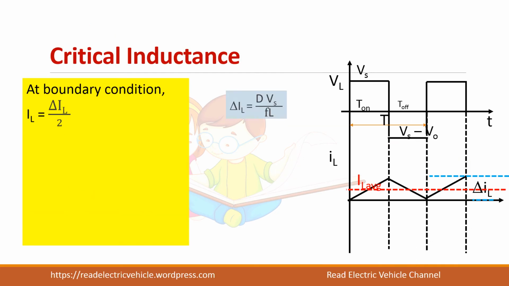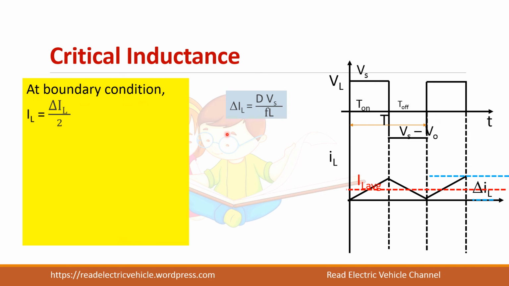Next, we will calculate the critical inductance. What is critical inductance? It is the minimum value of inductance at which the inductor current just touches zero and goes up. If I have an inductance greater than the critical inductance, the converter will be in continuous conduction mode. And if I have an inductance less than the critical inductance, the converter will go into discontinuous conduction mode.